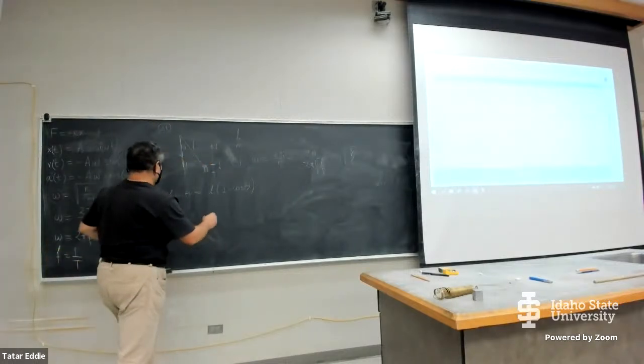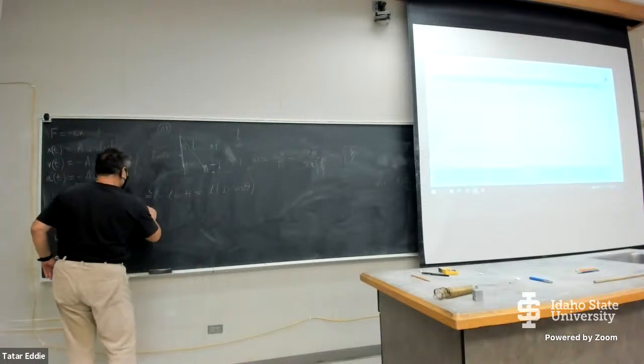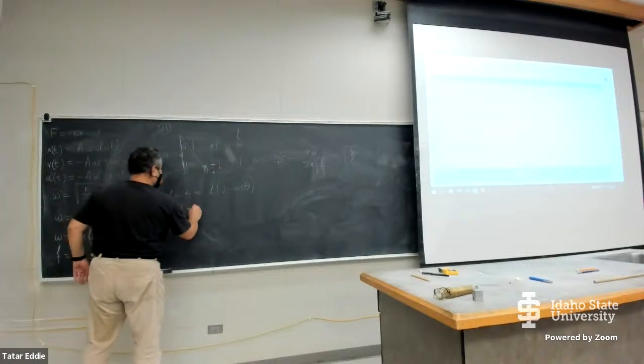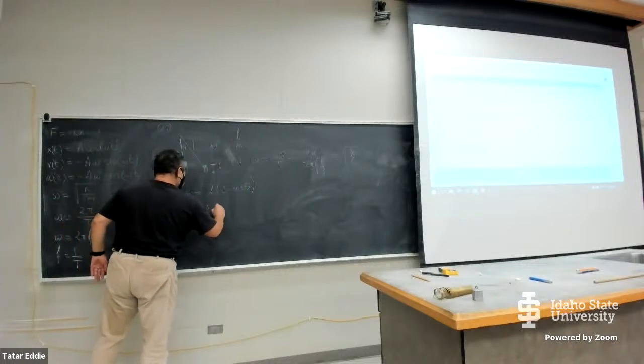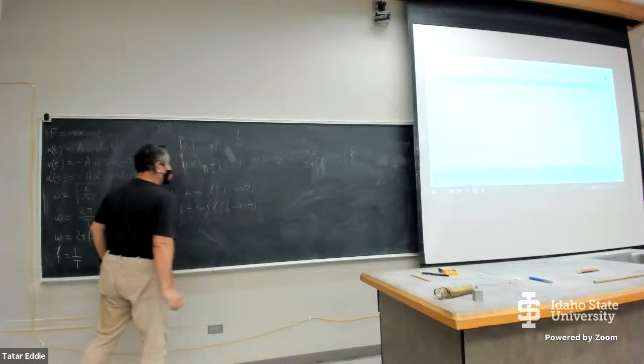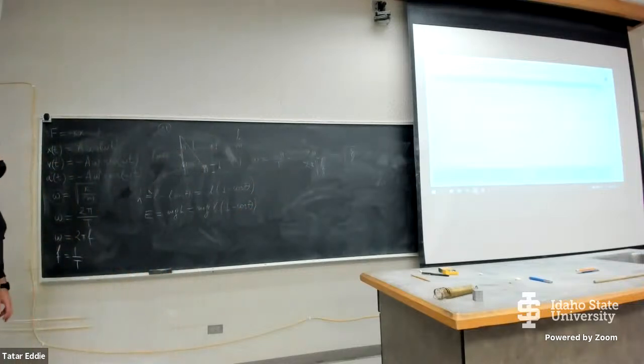So the gravitational potential energy at that position is mgh. In other words, it is mg L(1 minus cosine of the angle that they give you). This should be the answer for the energy of the object.